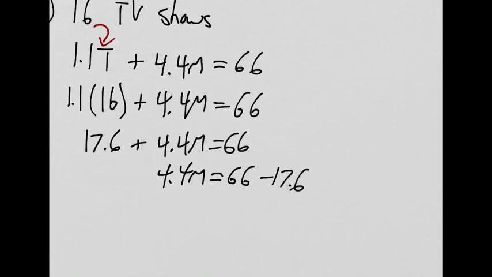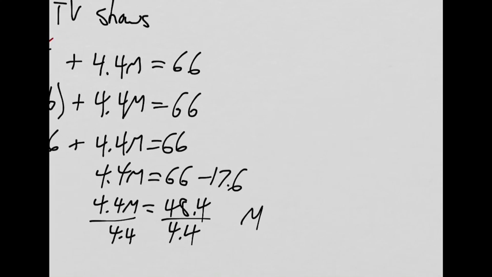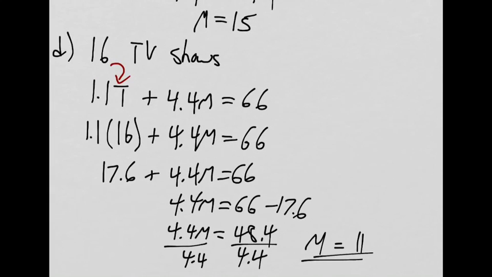And that works out to 48.4. And then we divide both sides by 4.4. Okay, and that would give m equal to 11. So if he had 16 TV shows, he could fit 11 movies. And if he did that, he would use up all 66 gigabytes of hard drive space that he has left over.